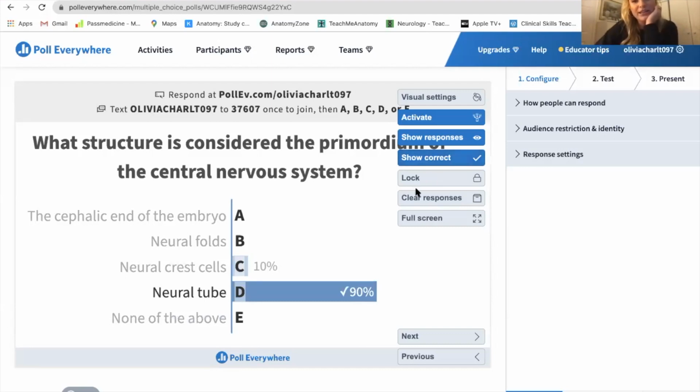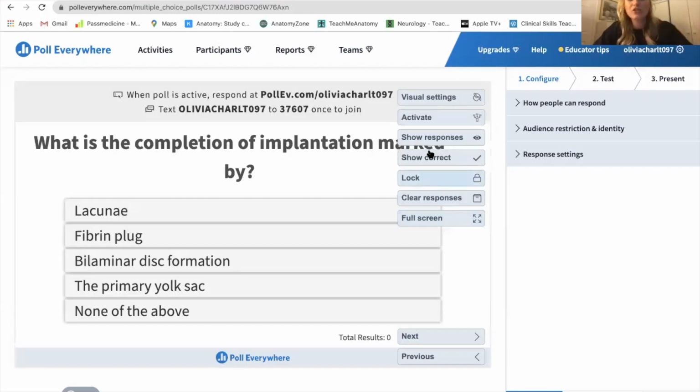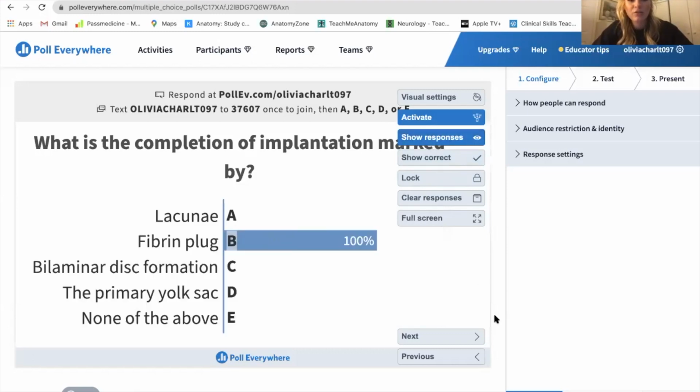The neural crest cells are the precursor for the peripheral nervous system. I think this should be the last one. So what is the completion of implantation marked by? Yeah, I think most of you got that, the fibrin plug.